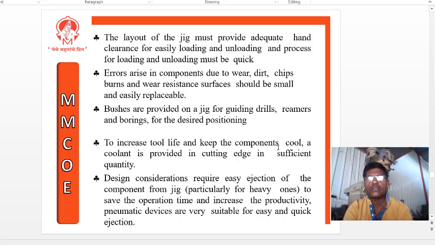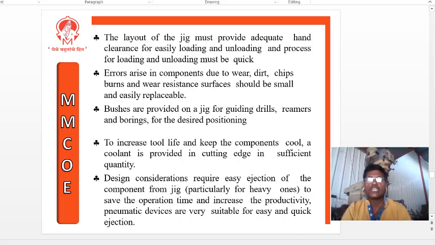So we have to reduce this wear, dirt or chips, and if it arises suddenly in one operation, this should affect your accuracy only on a small scale.